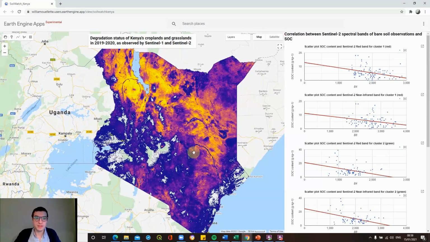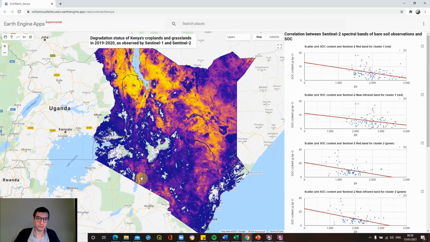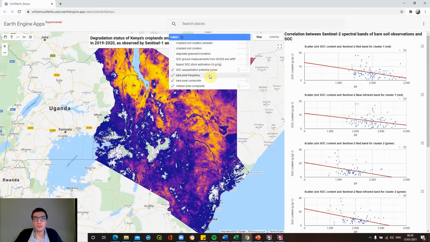In this case, we see that there are quite some areas in the north that have a very bright value, which means that they're close to 100% of the time bare, whereas the areas that have no data are the ones that are never bare, and the areas with the low purple tones would typically be areas that are bare a couple of times a year, maybe even once a year. This is typically agricultural zones where you have tillage or some kind of land preparation, typically in the dry season.